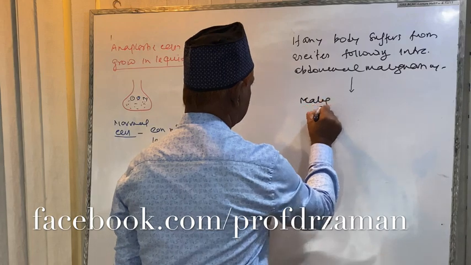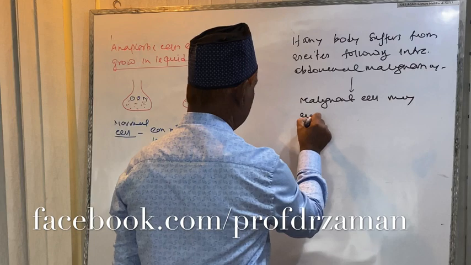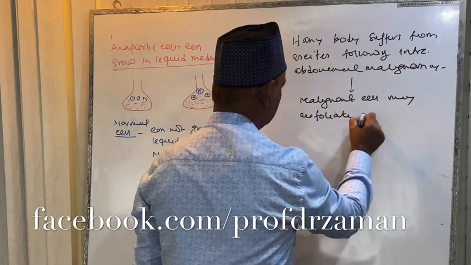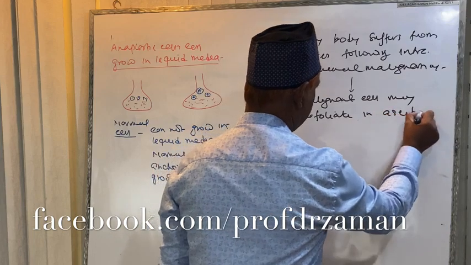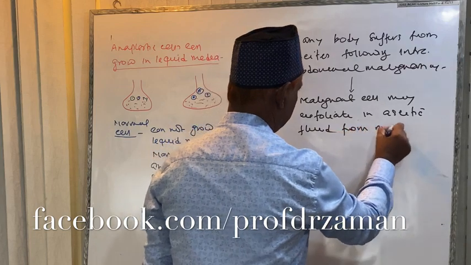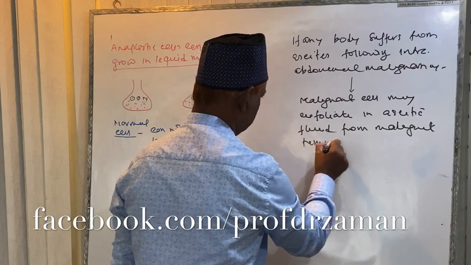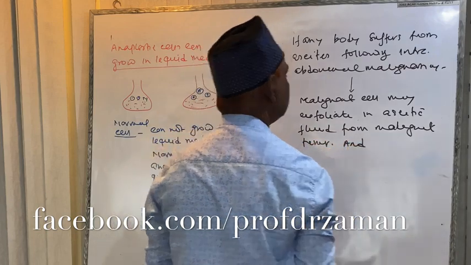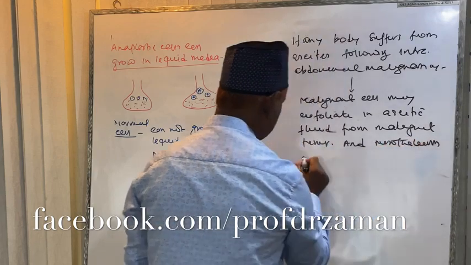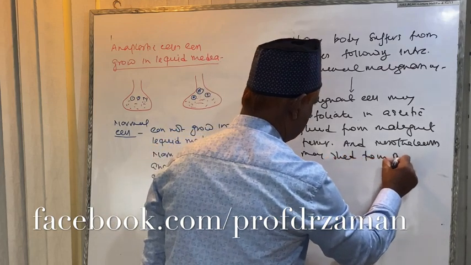Malignant cells or anaplastic cells may exfoliate in ascitic fluid from the malignant tumor, and mesothelium may shed from the peritoneum.